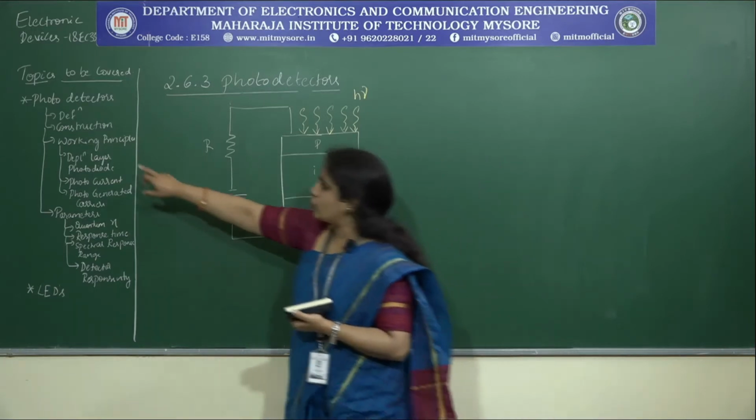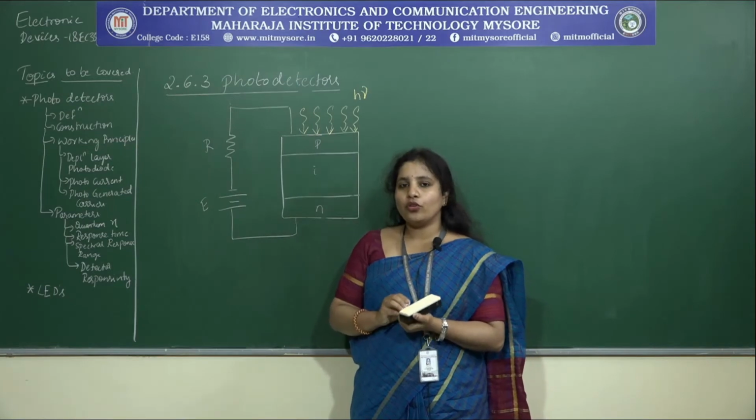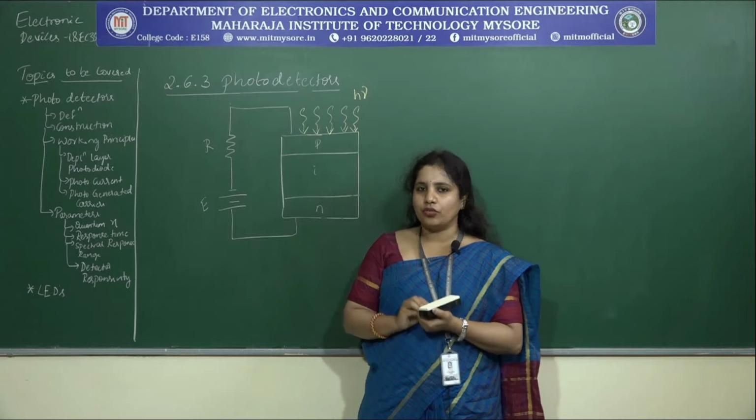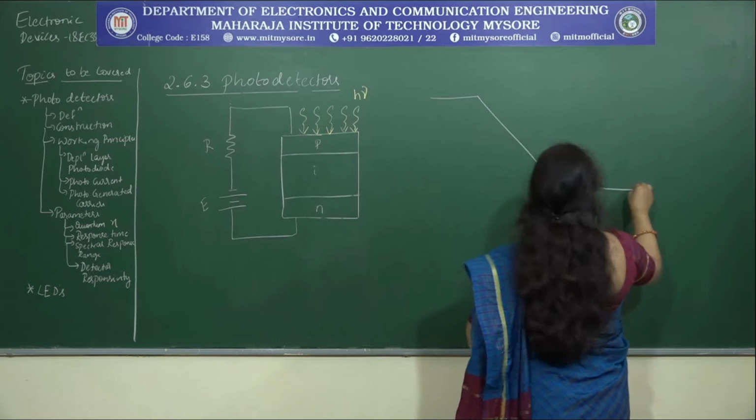Now, let us try to look into the working principle of the photodetectors. So, in order for you to understand, let me consider the energy band diagram during the reverse bias. So, how will I represent the energy band diagram?